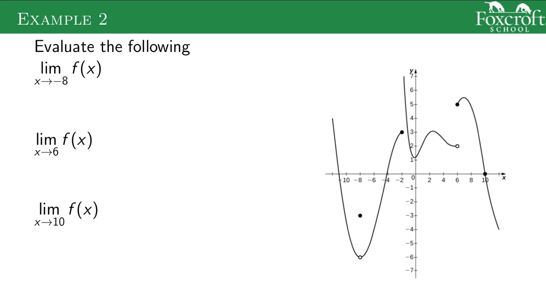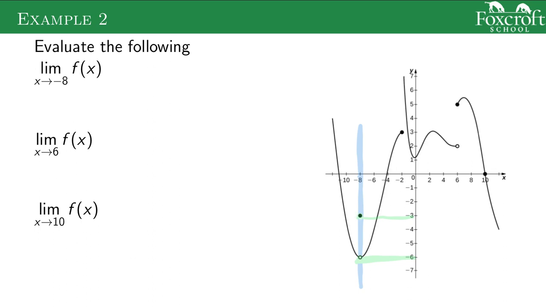All right, another example, just doing the same stuff. First one, we have our limit as x approaches -8. So I'm going to go to x value -8 on my graph and look at all the y values. The first thing that might happen is you might say, well, I have some y values down here, this open circle, and some y values right there at -3. And you might say that this one does not exist because there's 2 different y values. But again, when we're thinking about a limit, we just care about around the value, not the actual value itself.